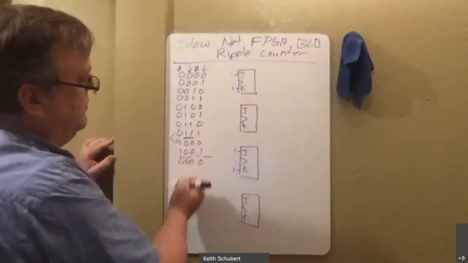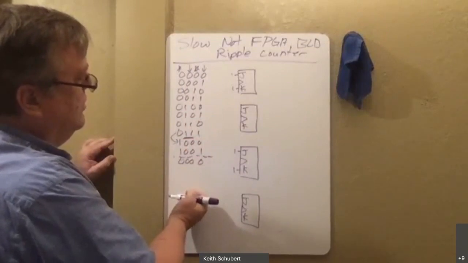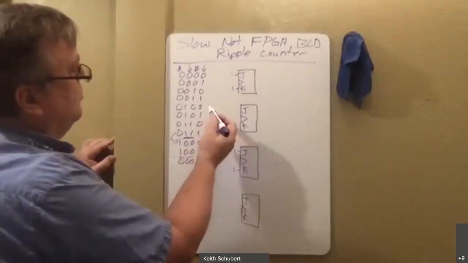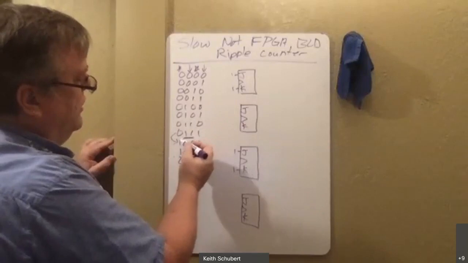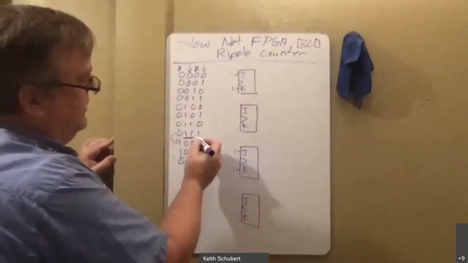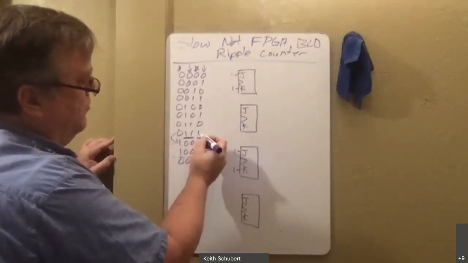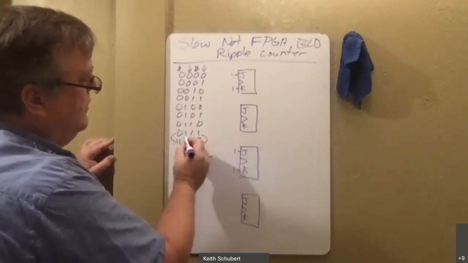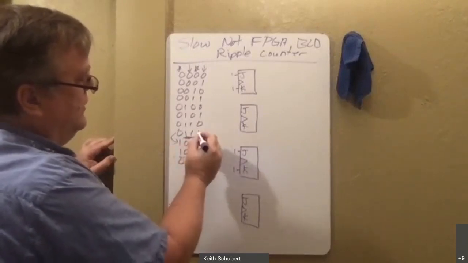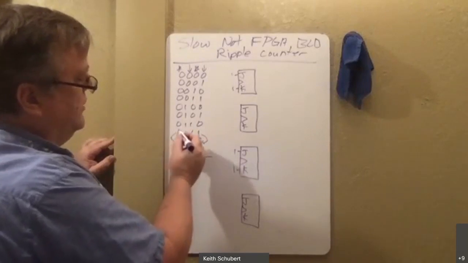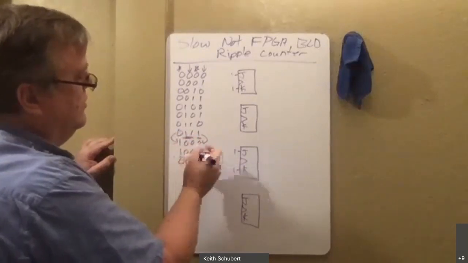That's the only time it turns on. So when there are two 1s here, this will turn on when this one transitions from a 1 to a 0. So both on, and this goes from a 1 to a 0. This goes from a 0 to a 1.